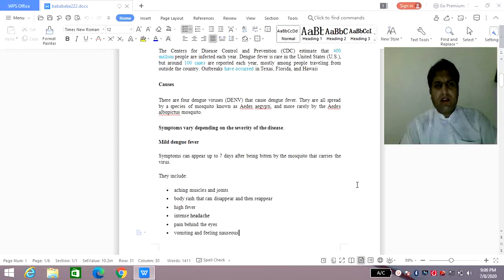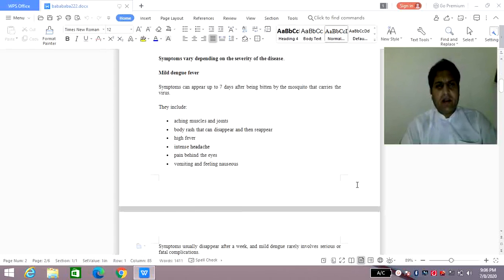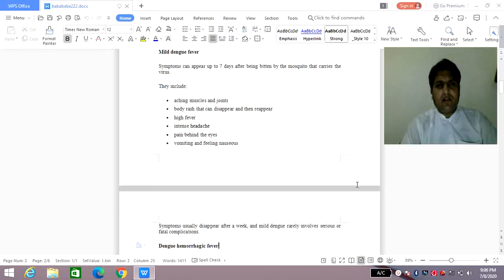The most common signs and symptoms vary depending upon the situation. If mild dengue fever is there, the most common signs and symptoms will be itching muscles and joints, severe body rashes that may disappear and reappear with the passage of time, elevated body temperature, very high fever, intense headache, pain behind the eyes, and a vomiting-like condition.